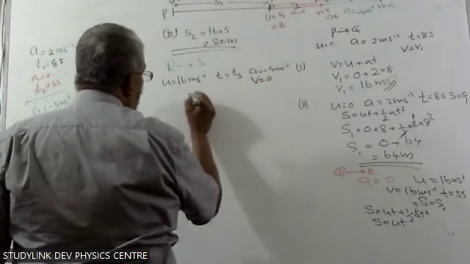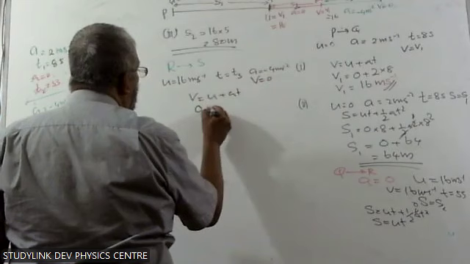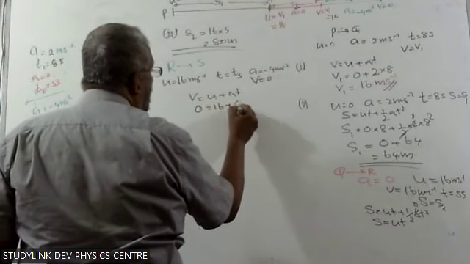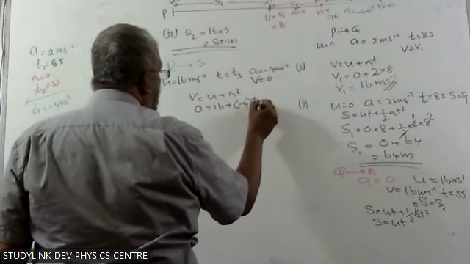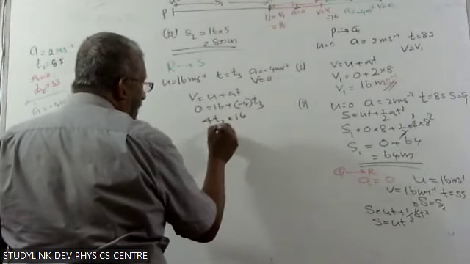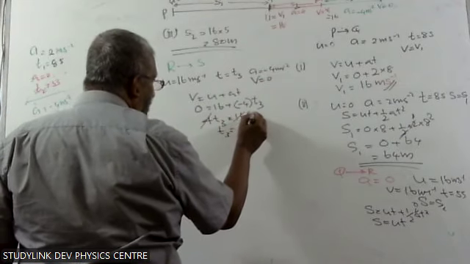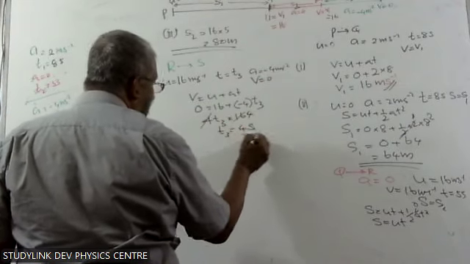V is 0. V equals u plus at. 0 is equal to 16 plus minus 4 into T3. 4T3 is equal to 16. T3 is equal to 16 divided by 4, 4 seconds.